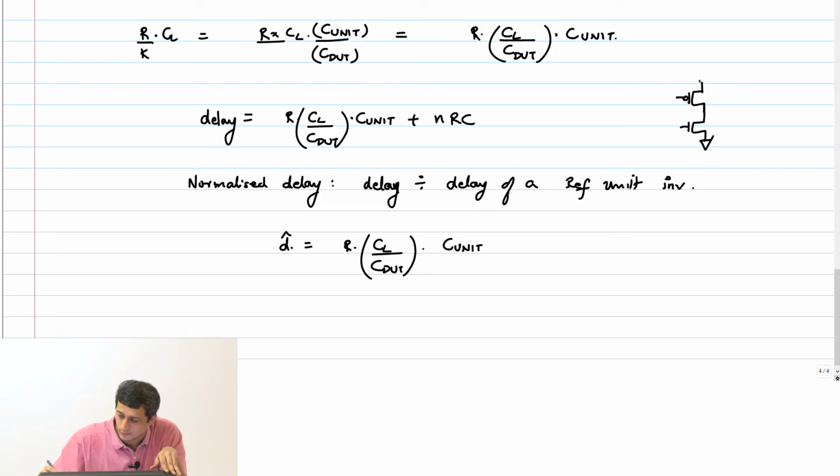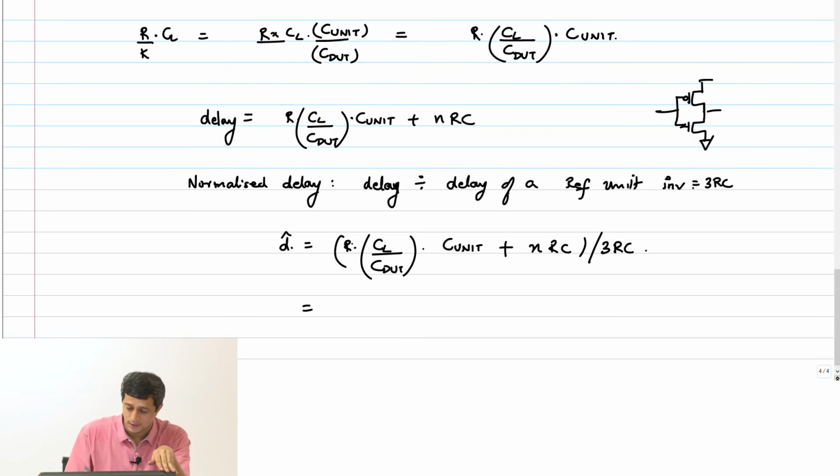I mean, there's no load here. So what is the delay of this inverter? Yeah, this is nothing but 3RC. So I am going to add the parasitic delay N times RC, whole divided by 3RC.